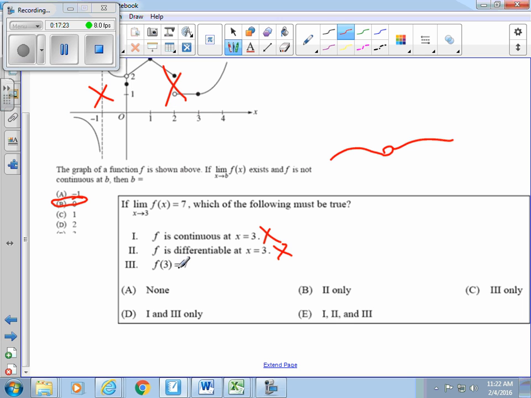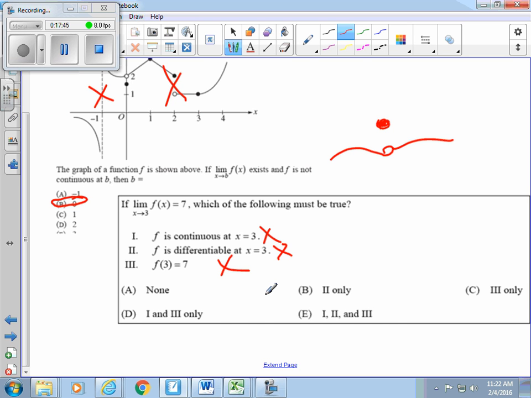Does it guarantee that the function equals 3 or equals 7? No. The limit existing tells me nothing about 3, right? It tells me what's going on around 3.